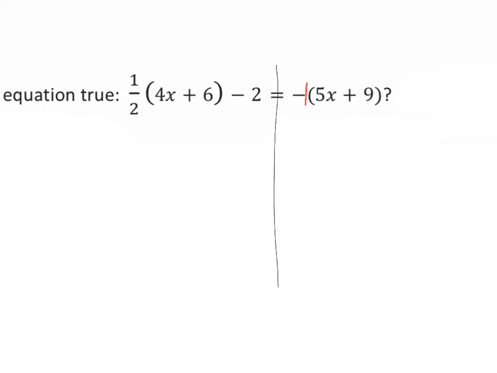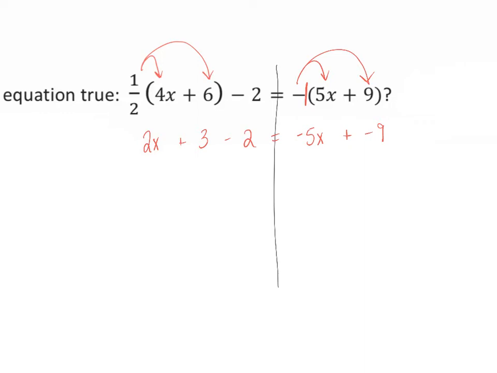And the second thing I'm going to do is distribute because I have parentheses. All right, 1/2 times 4, or half of 4, is 2x. 1/2 times 6, or half of 6, is 3. Everything else is the same. -1 times 5x is -5x. And -1 times 9 is -9.